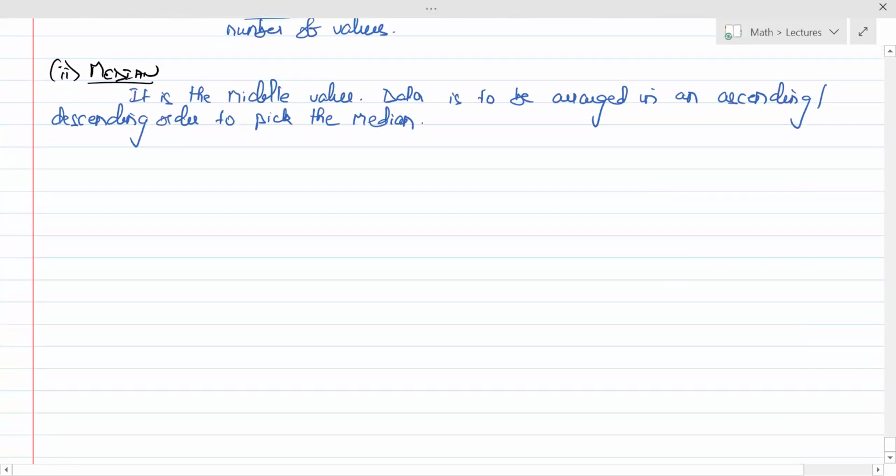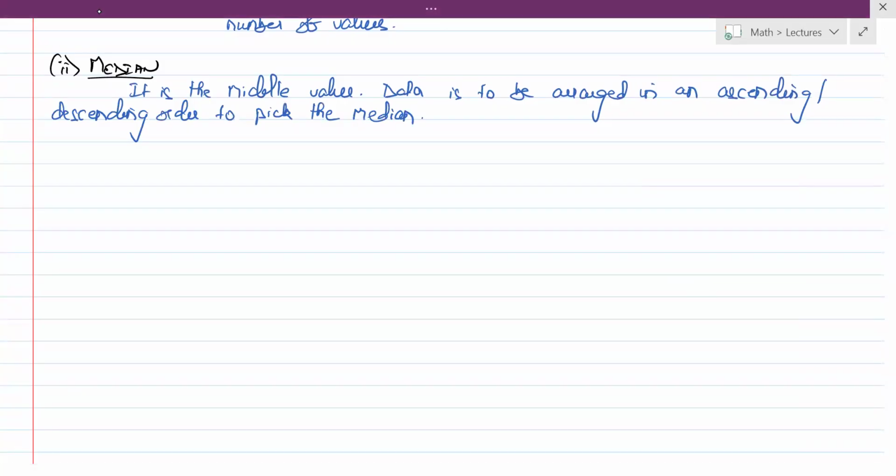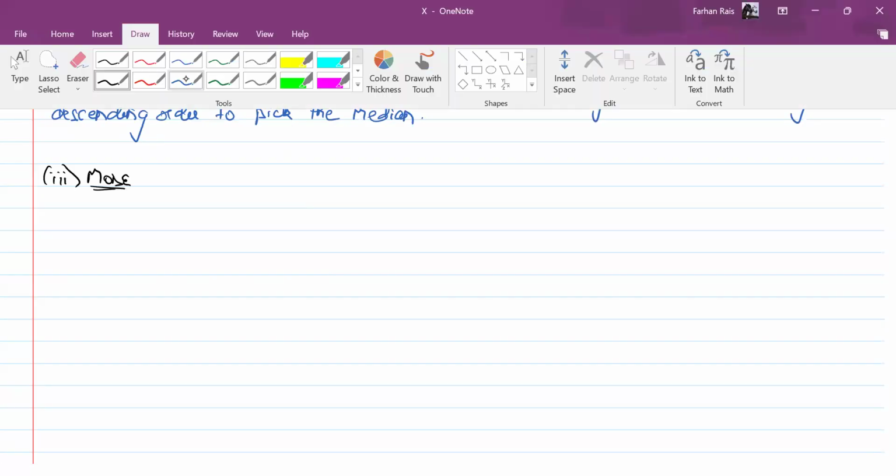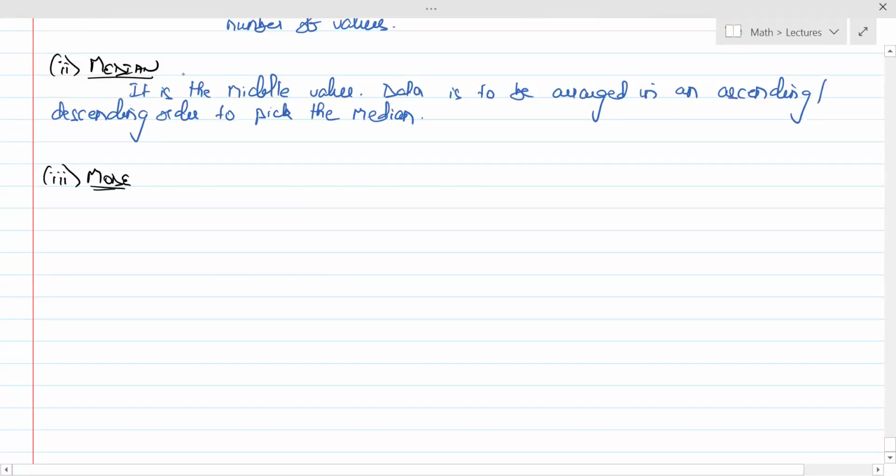Next, we have the concept of mode. Mode is defined as the values which are having the highest frequency.